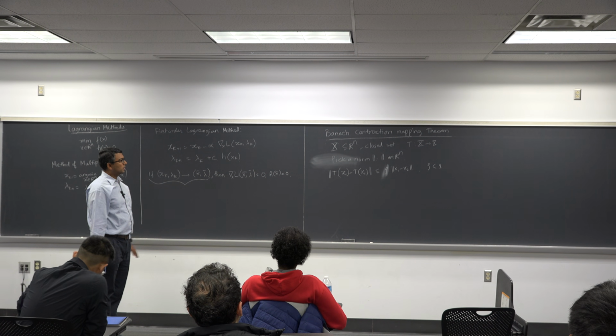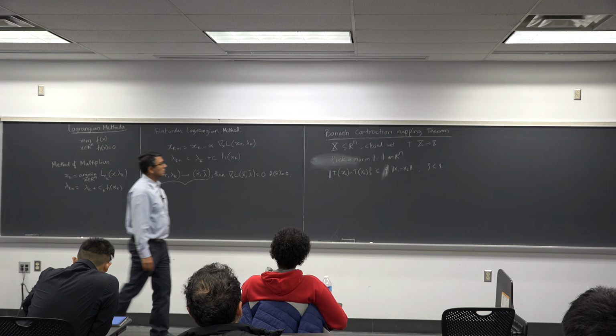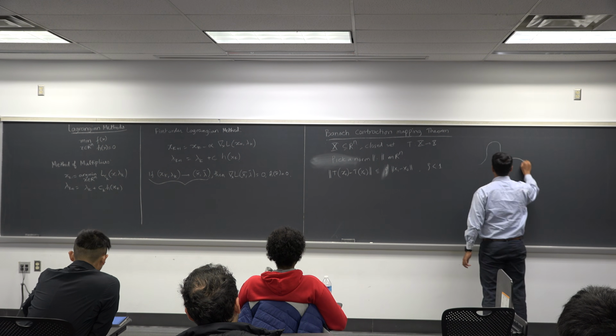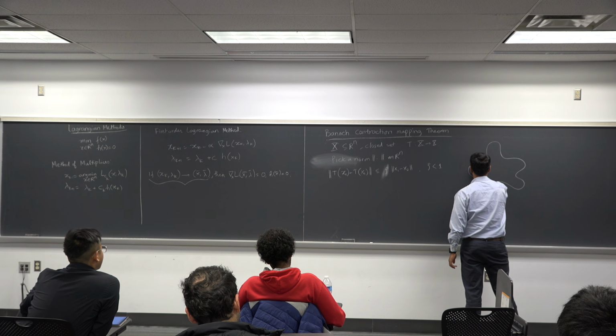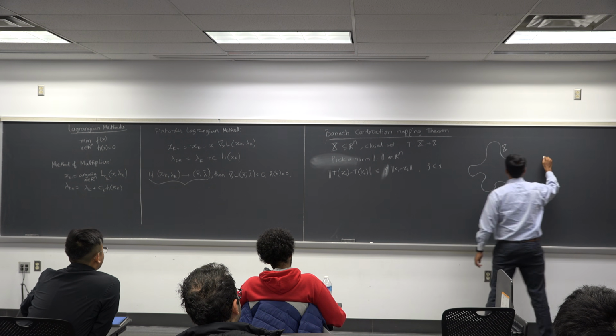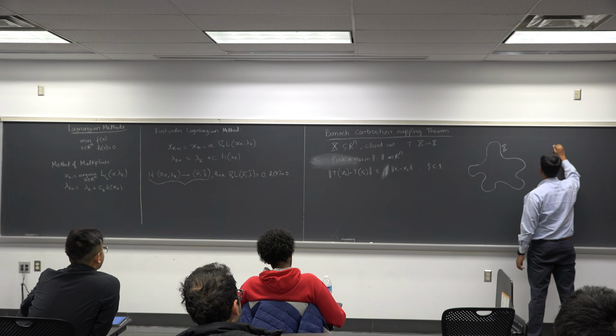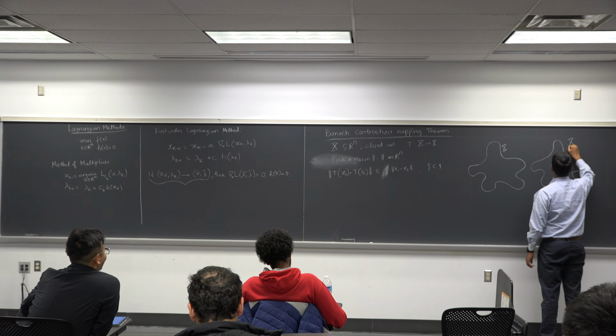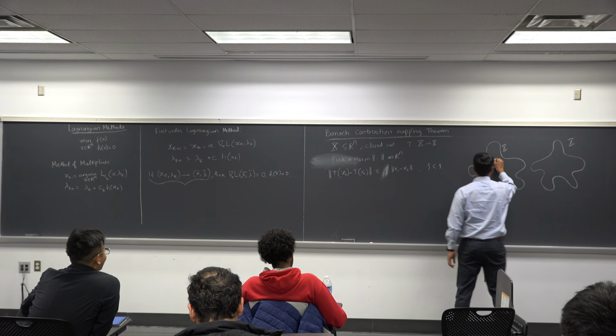Okay, this particular setting is clear. I have a closed set. Closed set looks something like this. This is my set capital X. Now I have to draw the same set again. I pick a point x1.